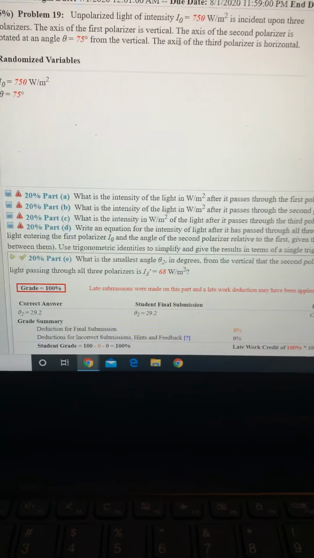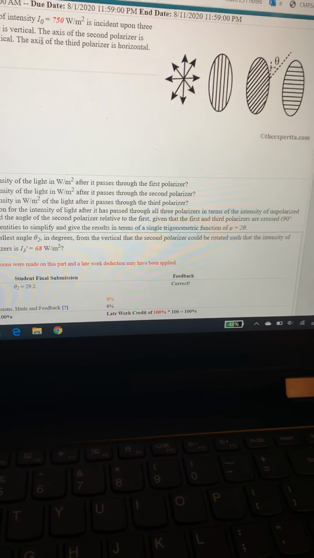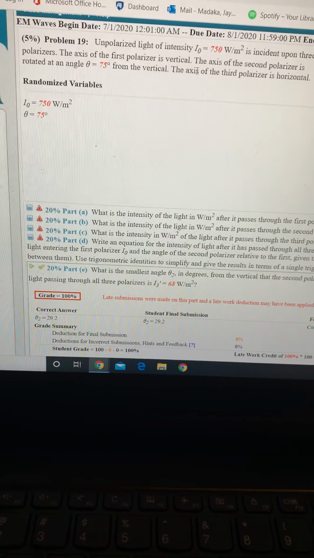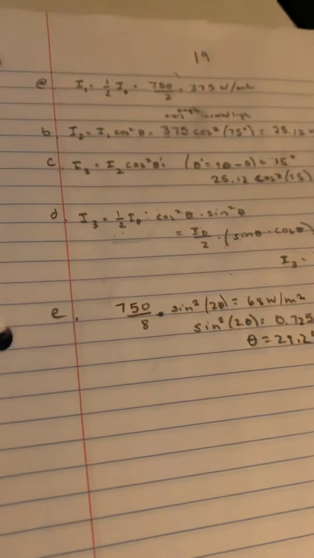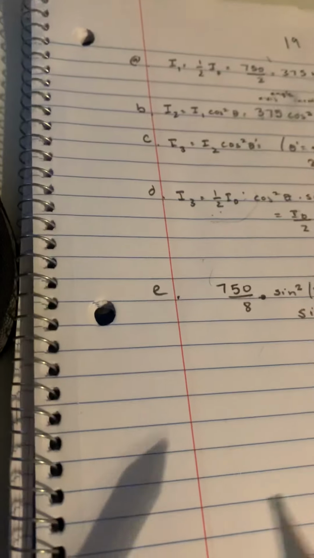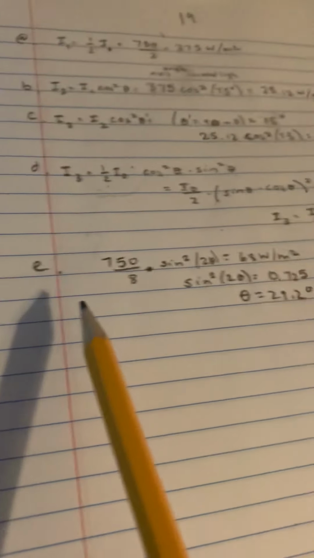For part E, it's asking what is the smallest angle in degrees from the vertical that the second polarizer could be rotated such that the intensity of light passing through all three polarizers is 68 watts per meter squared. In this case, we just use the equation that we derived in part D. We use the original intensity that was given to us, which was 750.